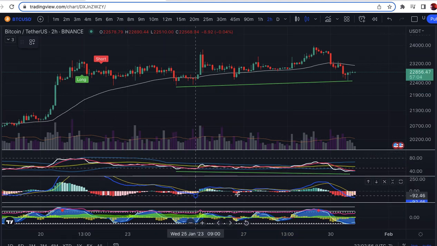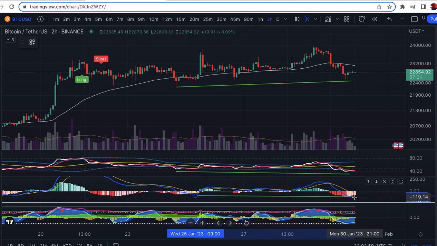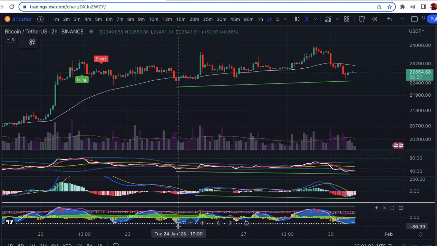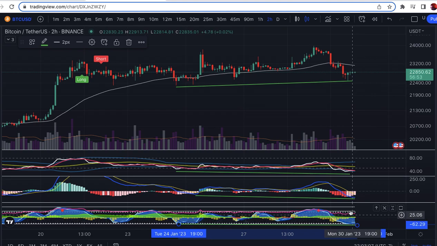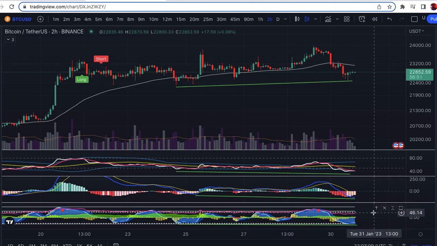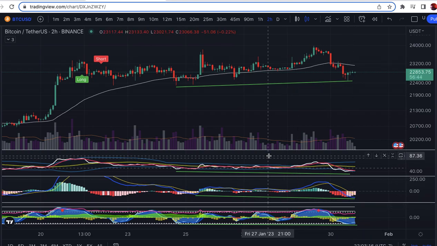Bullish divergence here. Bullish divergence on the market cipher also. These are all hitting bottom lines. There's going to be some economic data coming out, so that might push it down further. But from this, it looks like it might be improving.